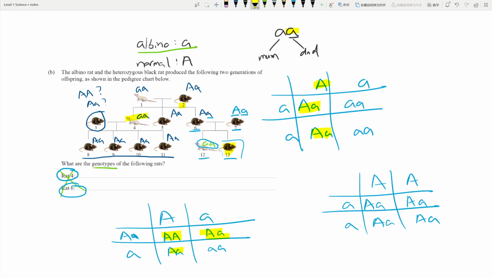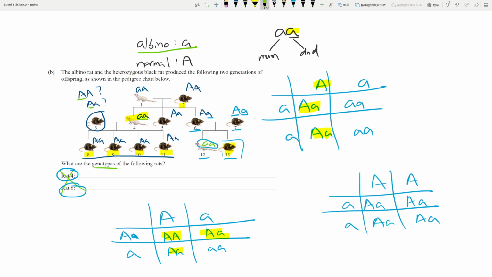Number 4 has to be small a, small a, and number 8, 9, 10, 11 have to inherit 1 allele from each parent. So it's 100% chance you get a small a from the number 4 rat, and a big A from the number 3 rat.